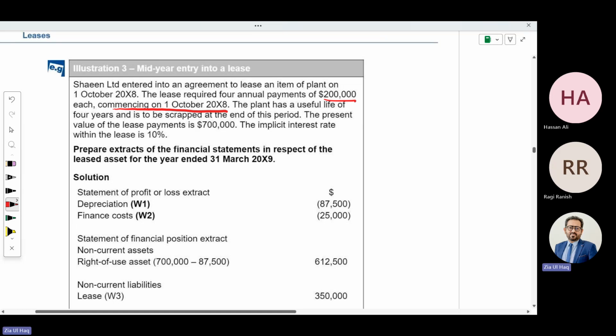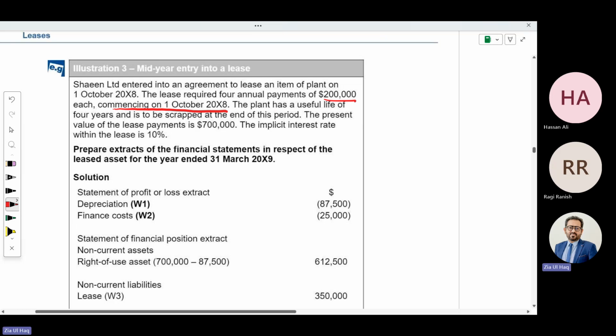What does that mean? Payments are being made at the start of the year. This means the initial balance of the lease liability minus the payment, then we need to add interest.